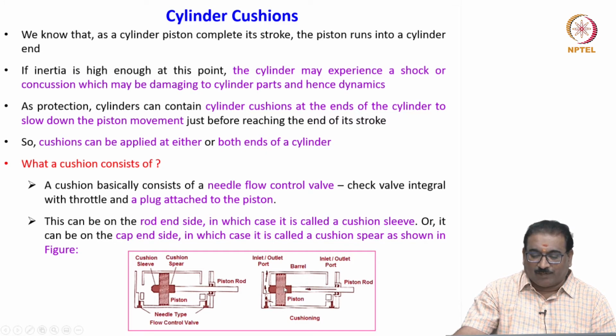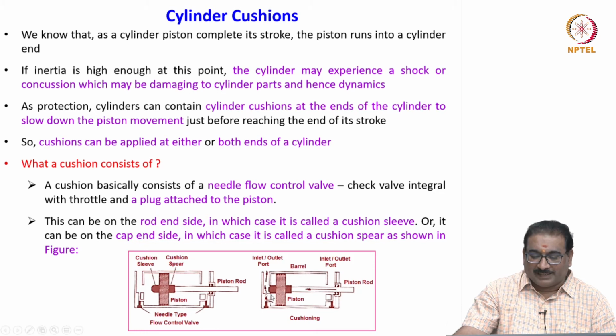Just think here what happens when the piston rod is moving from right to left. Here in the cap they made an arrangement. You will see here when it comes near to that, first the cushion sleeve enters the cap, meaning it will cut off the fluid going to the outlet.